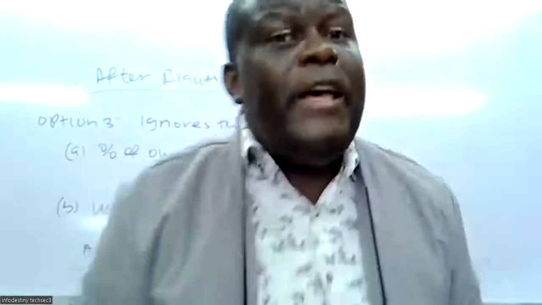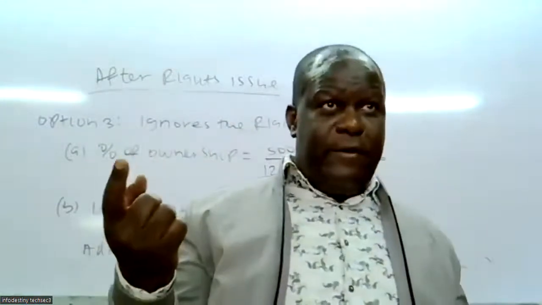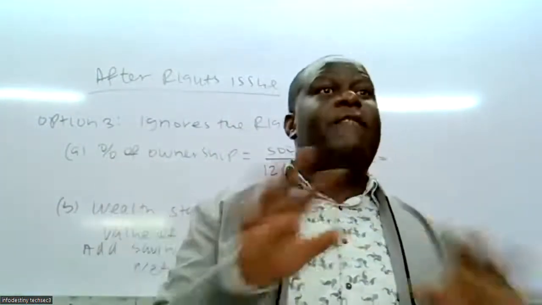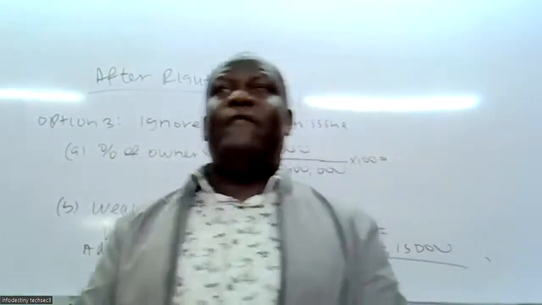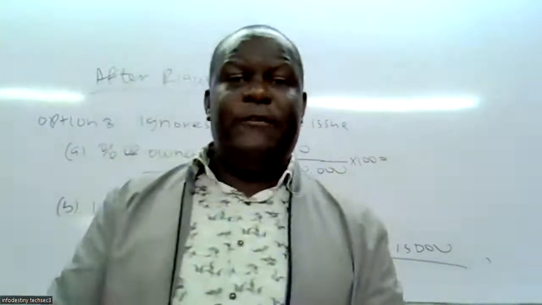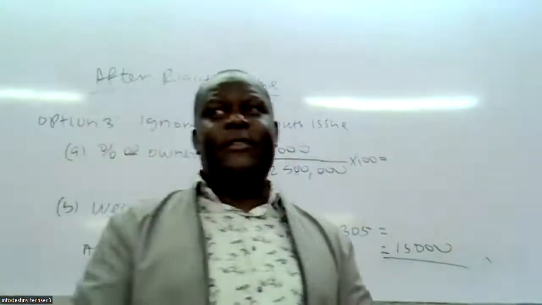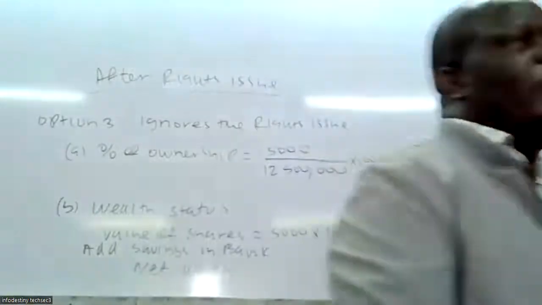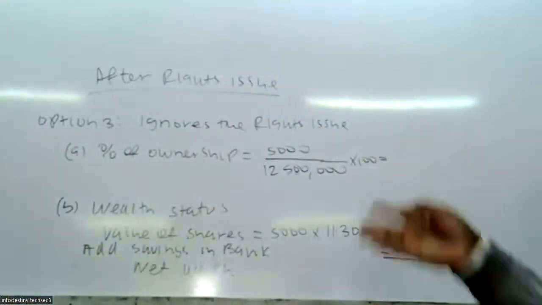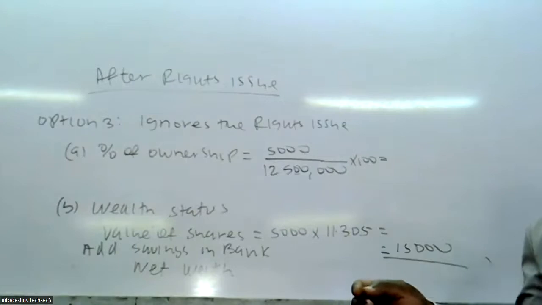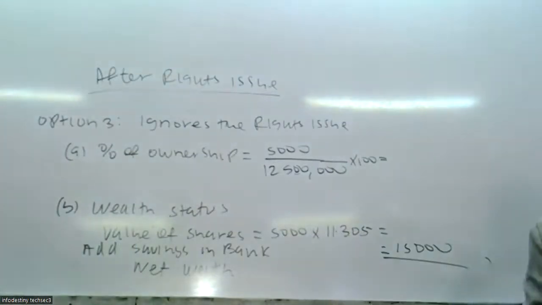So we compare before the right issue and after the right issue for each option. You can see before the right issue, the percentage of ownership was 0.05. When you check the three options after the right issue, the one for exercise remained the same.